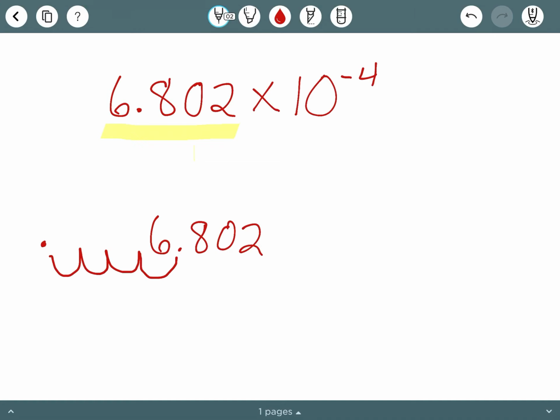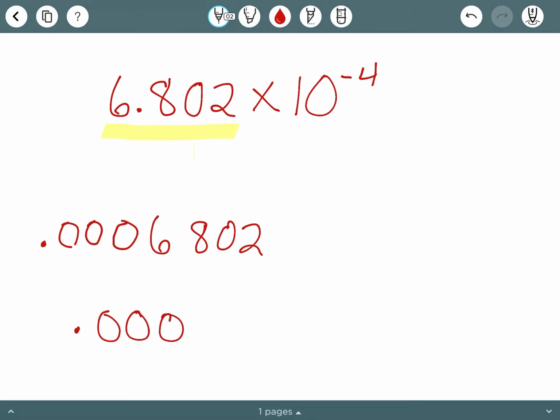Now remember, we've got these empty little valleys here that we want to fill in with zeros. All right, I'm going to erase these in my original, and then just to make it a little bit neater here, it looks like my new number is 0.0006802. All right, so that's a little bit of extra practice, and that's all for this one.